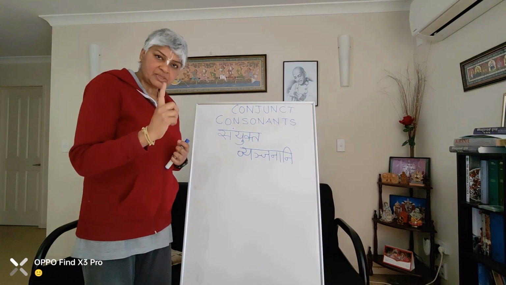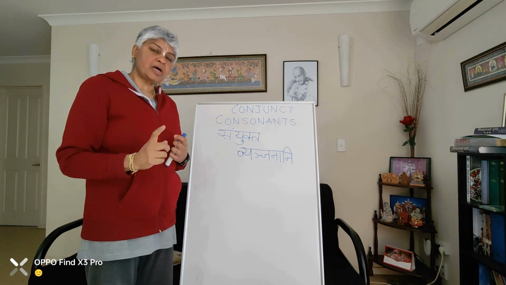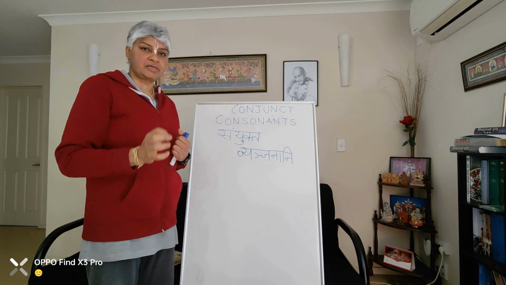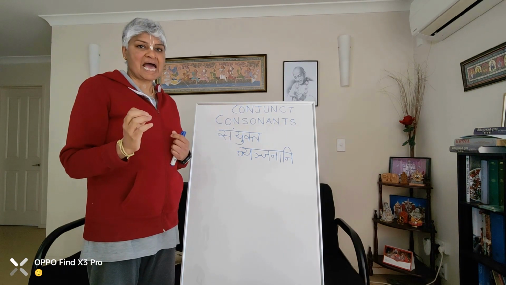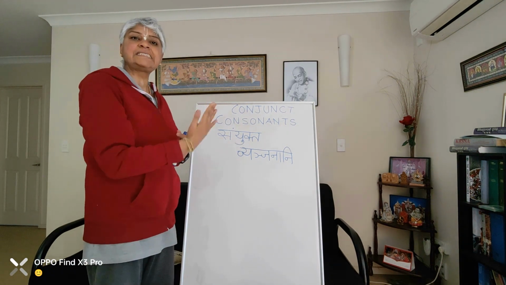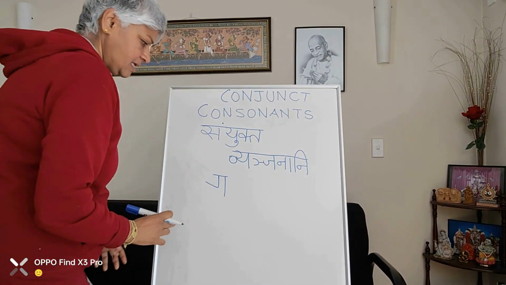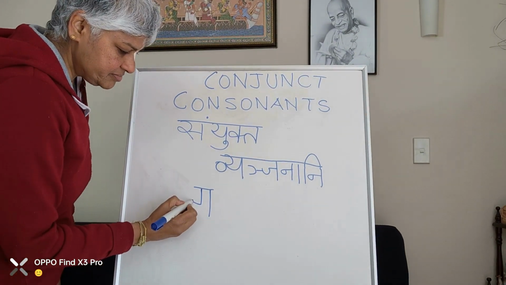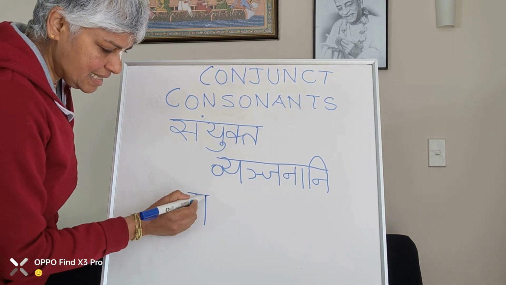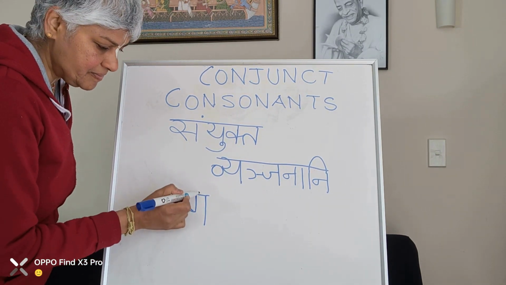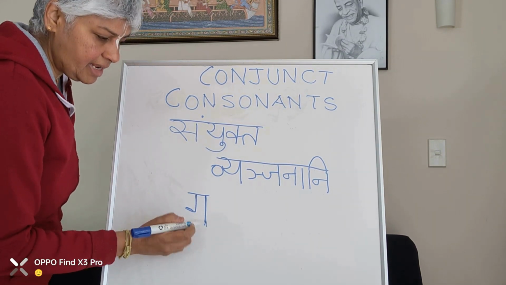So the very first group, we are going to talk about those consonants which have a stick next to them. Take G for instance. Okay? So you have this line here, right?